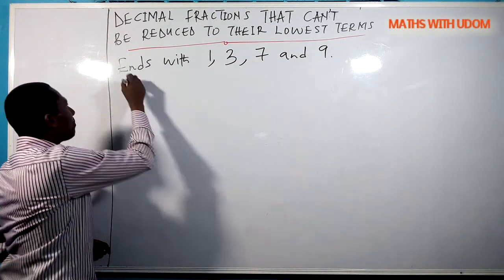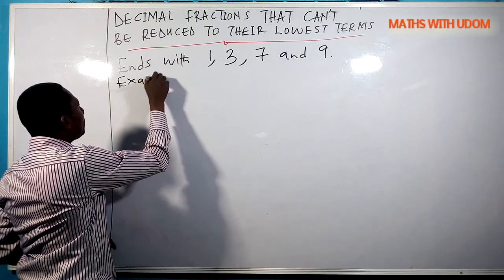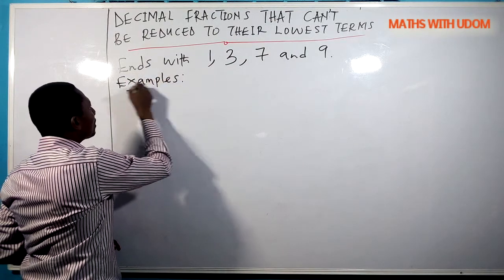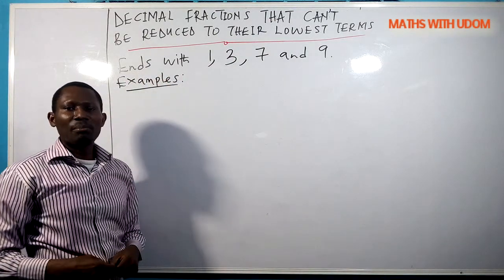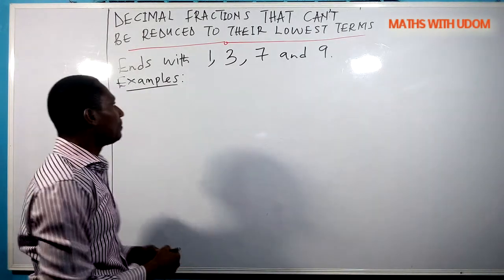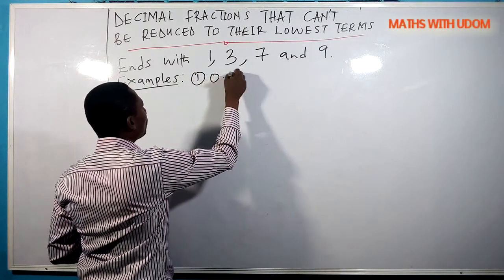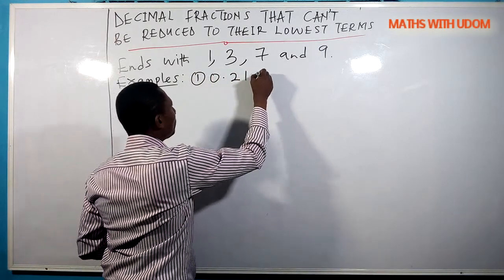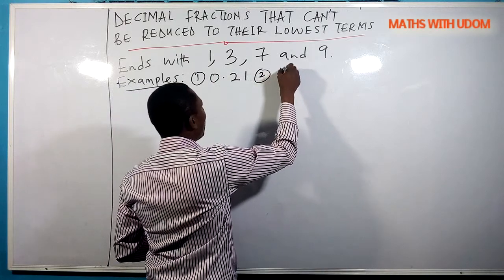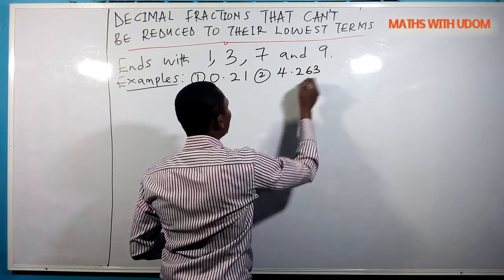So let's have examples of such decimal fractions that cannot be reduced to their lowest term. Number 1, 0.21. Number 2, 4.263.